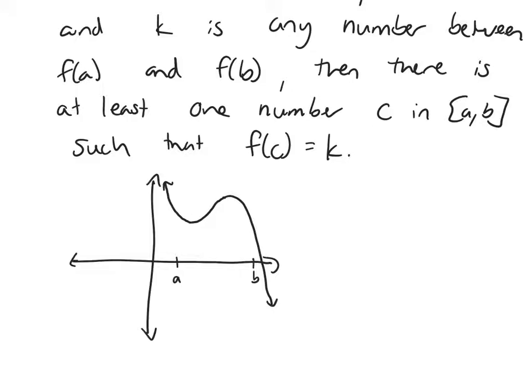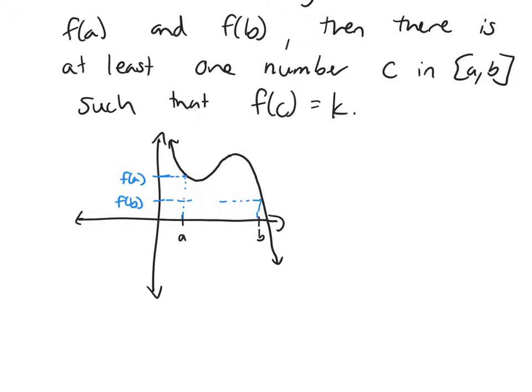This function is going to be continuous in that closed interval. And then let me draw it on here, here's f of a, and then here's f of b. So those two y values are not the same.